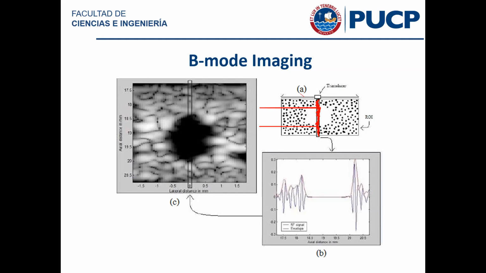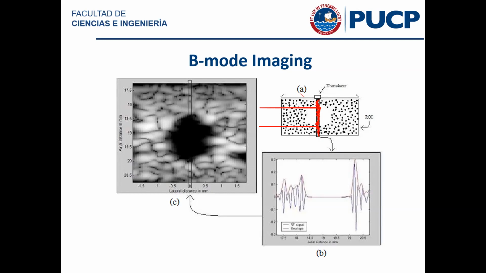The black circles in the image represent structures that would reflect sound back to the transducer. There's a white circle at the center where there are no black smudges, meaning nothing is reflecting ultrasound from inside that circle.